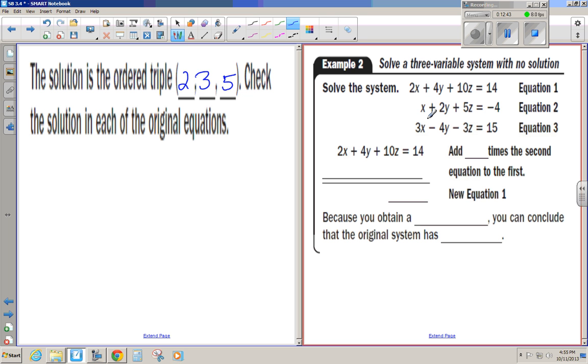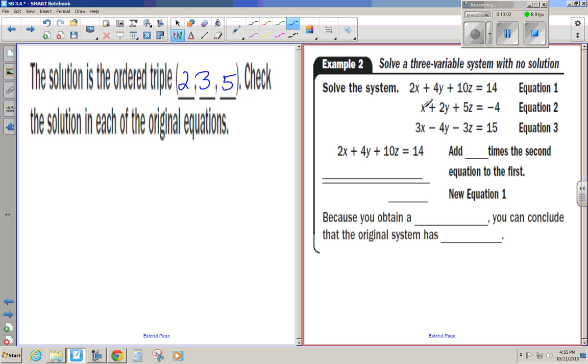You could easily choose the x's, or you could easily choose the y's. Let's go ahead and choose the x's for this.